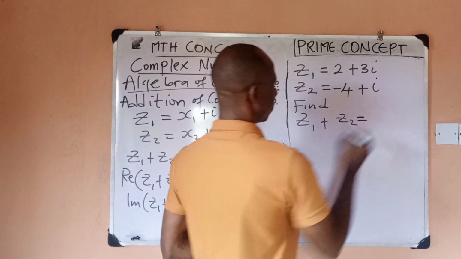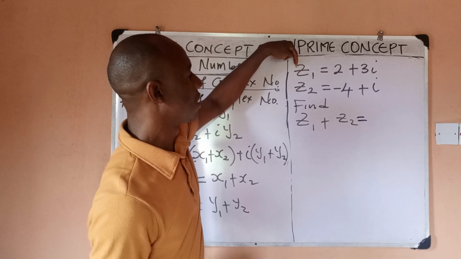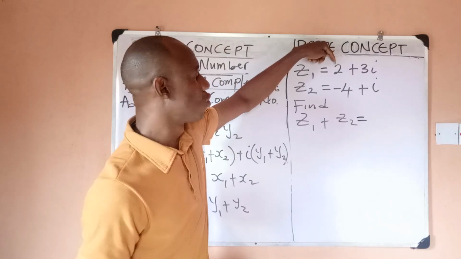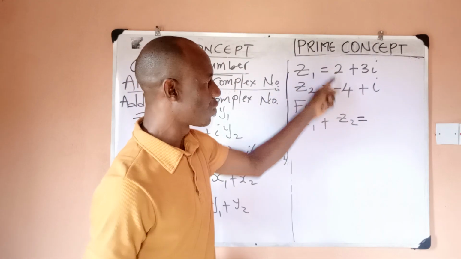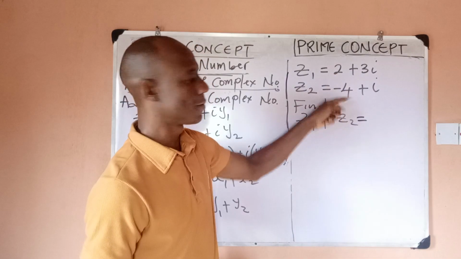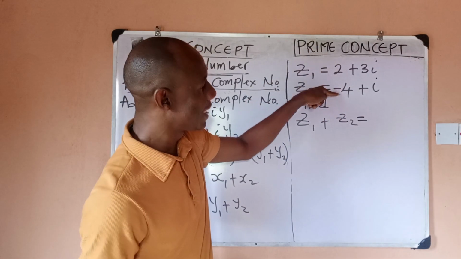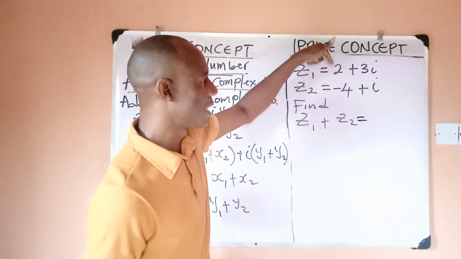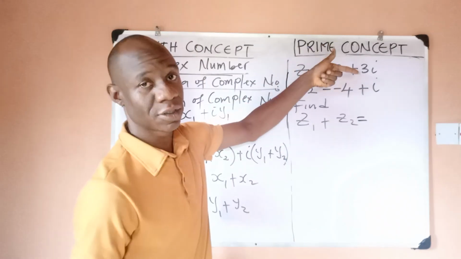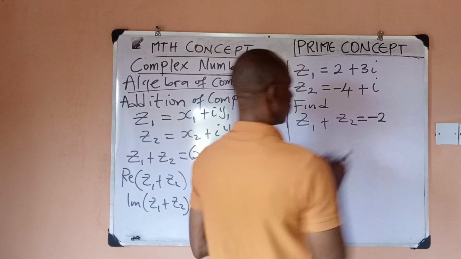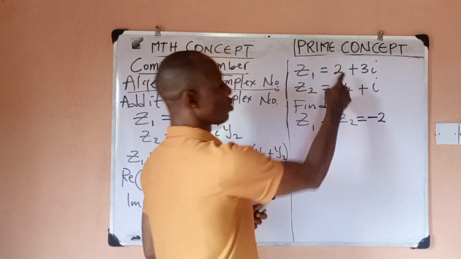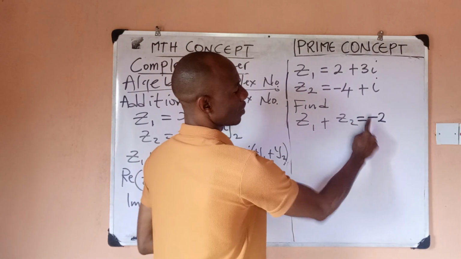Now what is the real part of this? It is 2. The real part of this is what? Negative 4. So I should add up these two real parts: 2 plus negative 4. You can clearly see that you're just doing 2 minus 4, right? Which is going to give us minus 2.